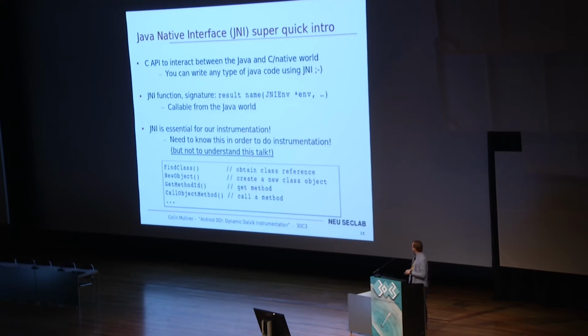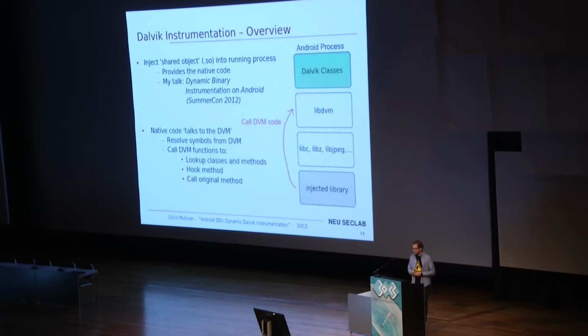The basic signature of a JNI call looks like this. You have a method name, you have a result, and you have the JNI environment. And then you have a bunch of parameters. The JNI interface provides us with a bunch of functionalities like FindClass, which gives you a reference to a class. We can create new objects and so on. It's a really simple interface.